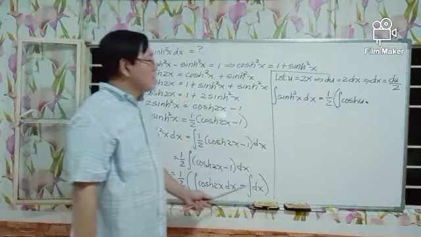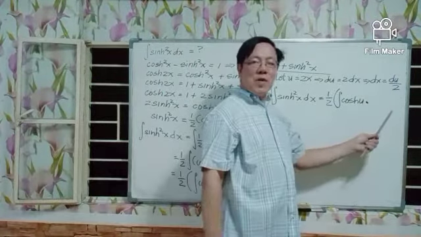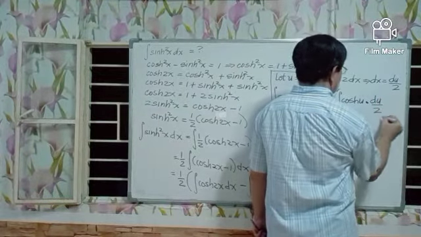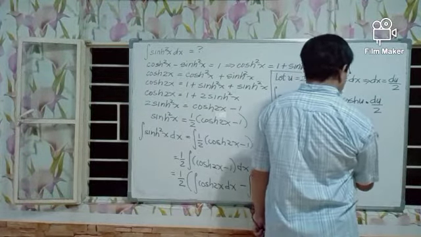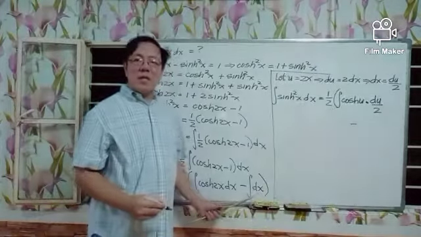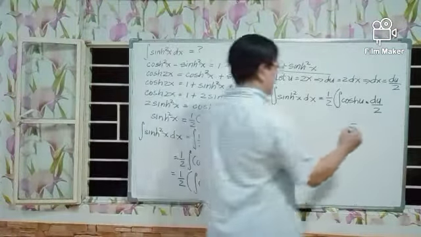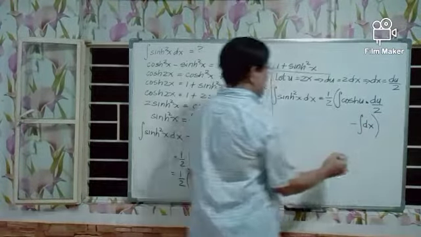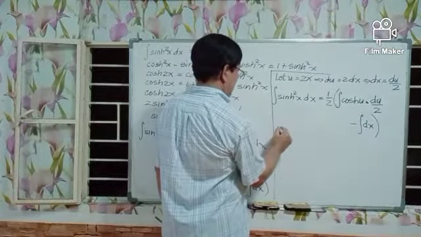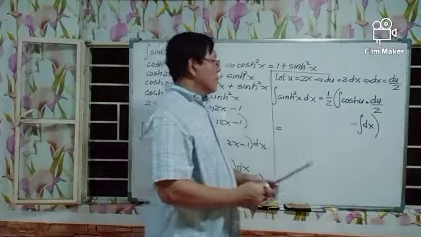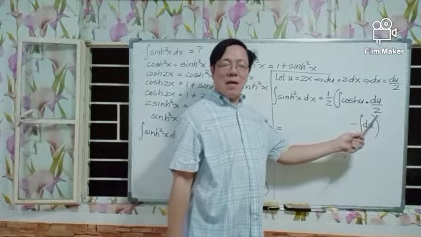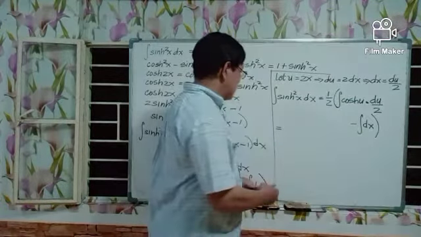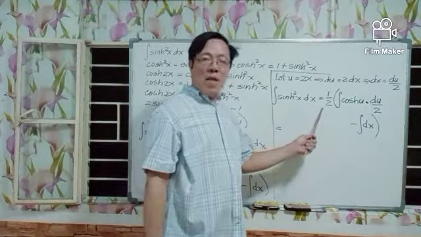Multiply by dx, and dx is du over 2. Minus the integral of dx. Again, 1/2 here is a constant, so we can take it out of the integral sign. And outside we also have 1/2.